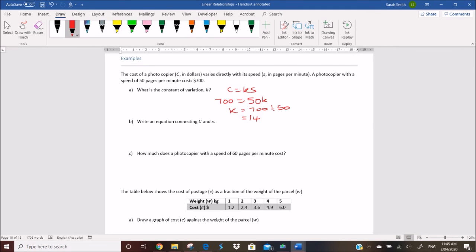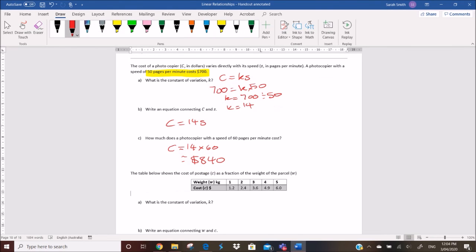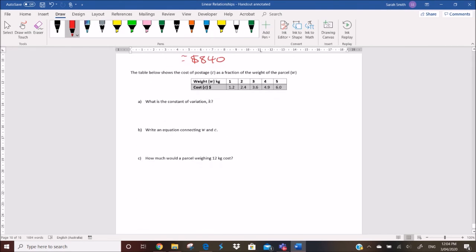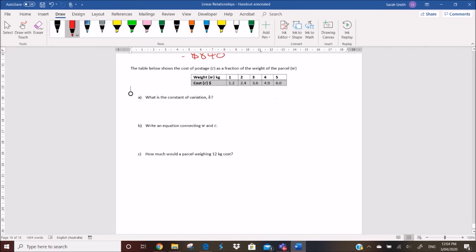So write the equation C equals 14S. How much does a photocopy with speed of 60 pages cost? That's going to be C equals 14 times 60, which equals $840.